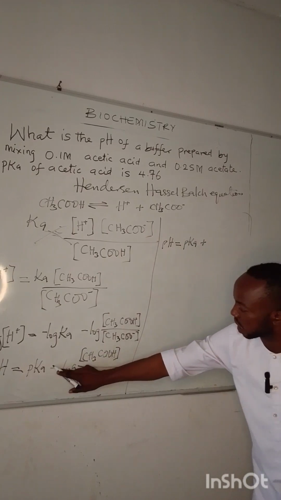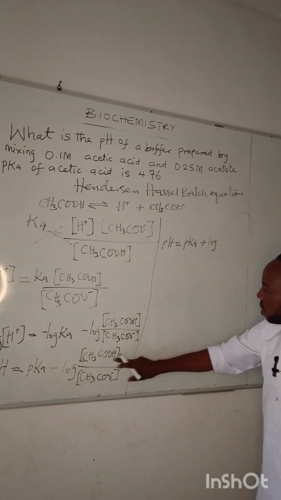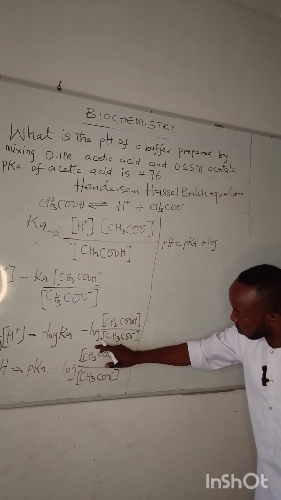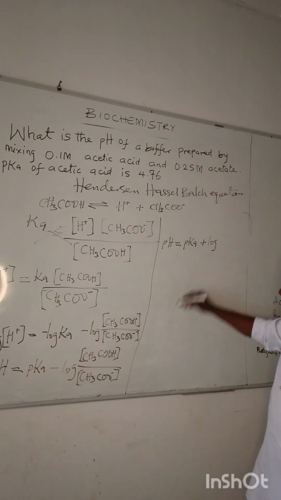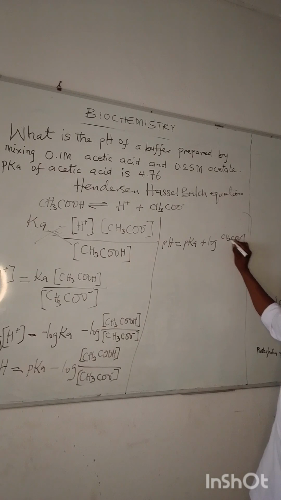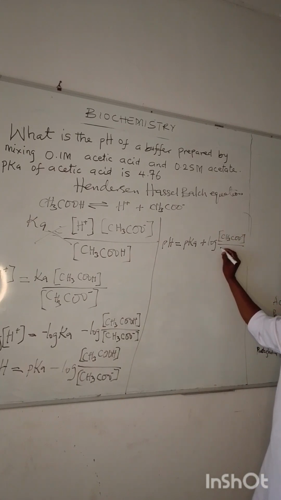plus, now that we have changed the sign, log, and we take the one that is down up and the one that is up comes down: log of CH3COO minus concentration all over concentration of CH3COOH.